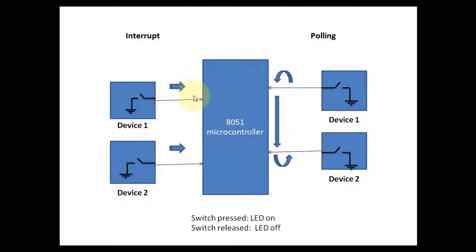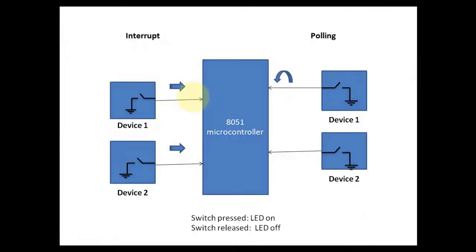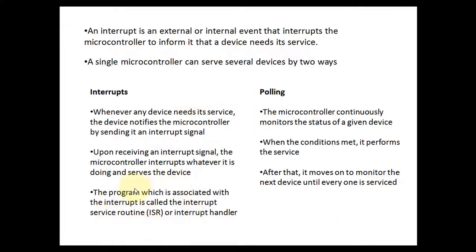That is what we call the interrupt subroutine or interrupt handler. So whenever there is an interrupt, it will go to the interrupt service routine, and that code will get performed.